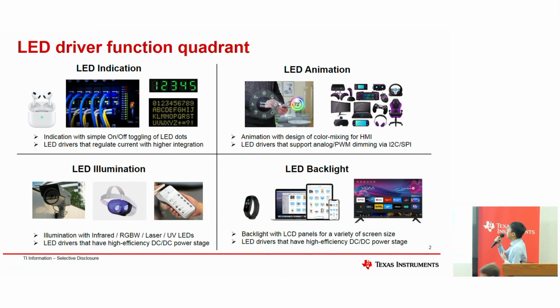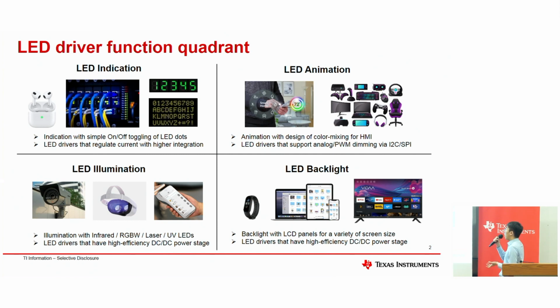Our RGB LED drivers have 2 key features for this: we use them to support animation with a customized design of color mixing for the human-machine interface concept. And on the driver side, we have LED drivers that can support analog dimming and PWM dimming via the I2C and SPI interfaces.